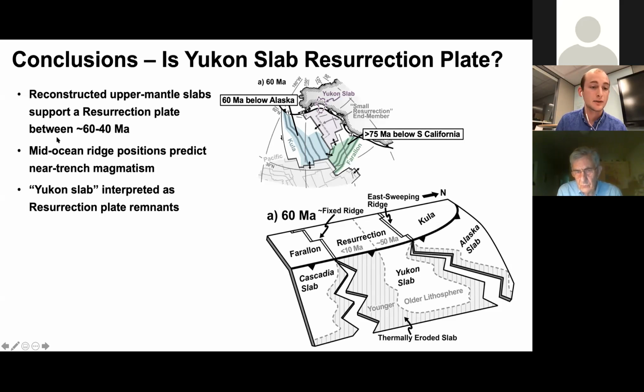And then the mid-ocean ridge positions, which are constrained from these unfolded slab results, independently predict the near trench magnetism, which is observed on the upper plate. This leads us to an interpretation of the Yukon slab as a severely thermally eroded remnant of the resurrection plate.